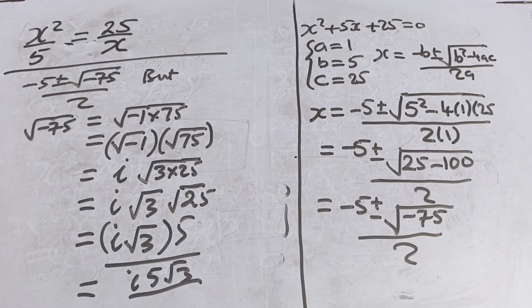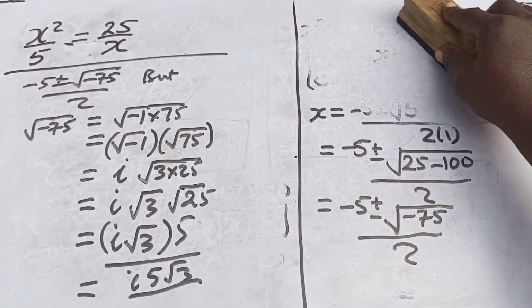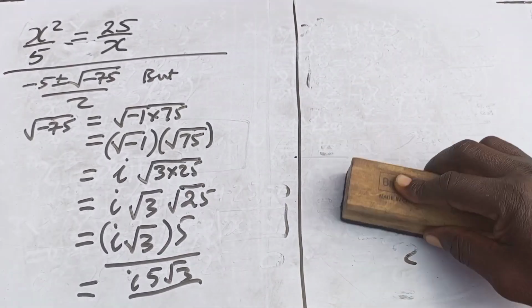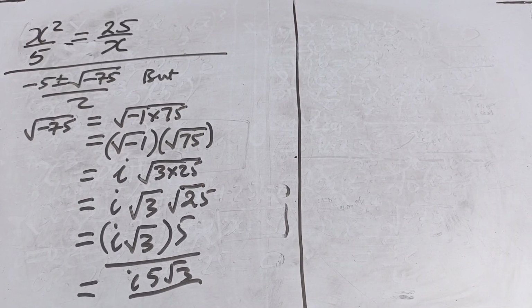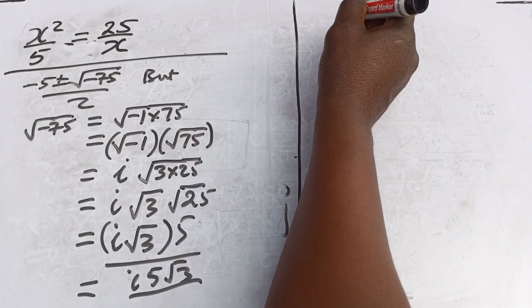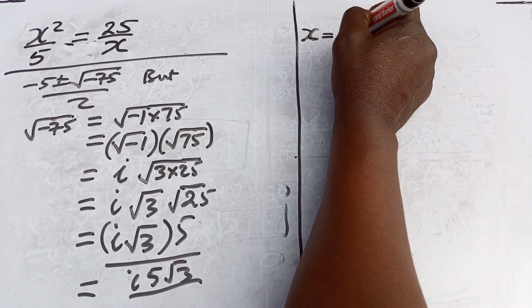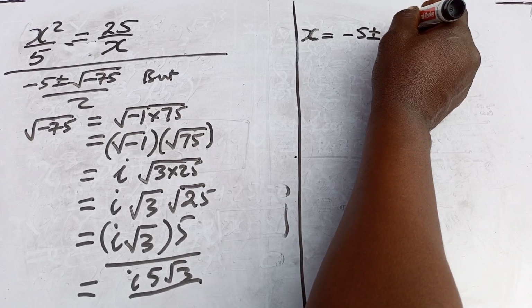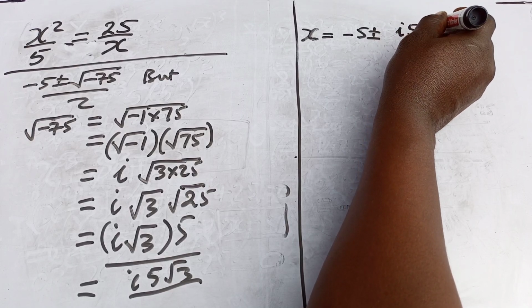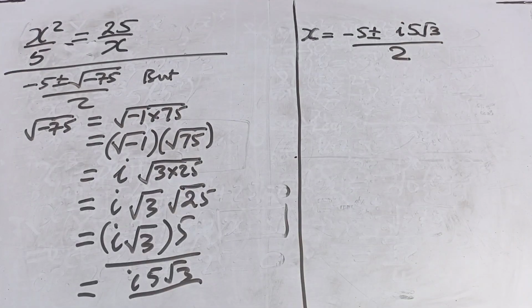All right, let's put it there in the place of root negative 75. So we have x equals negative 5 plus or minus 5i root 3 all over 2.